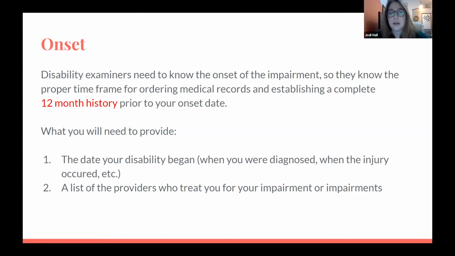That is when the disability examiner will be ordering your records from. They typically order a year from your onset. So if you became so sick that you stopped working on February 1st, they would order records from February 1st, the year before, into the current time frame. So it's super important to know when you stopped working due to your disability.